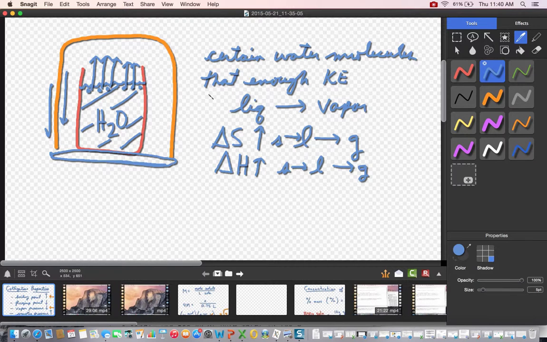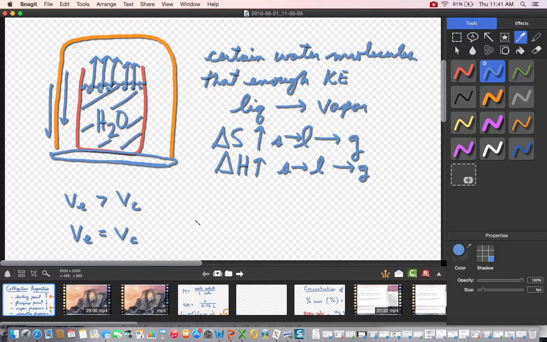Now, when this begins, the rate of evaporation is greater than the rate of condensation. But eventually, these two rates will equal each other, and we will have a phase equilibrium. That means once we are at the phase equilibrium, the rate of evaporation is equal to the rate of condensation.